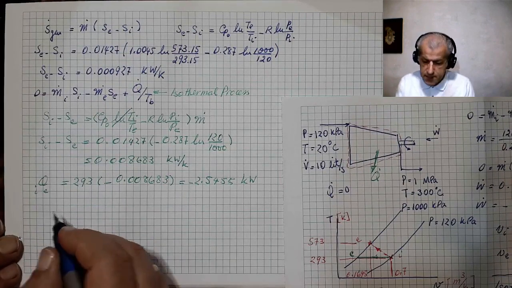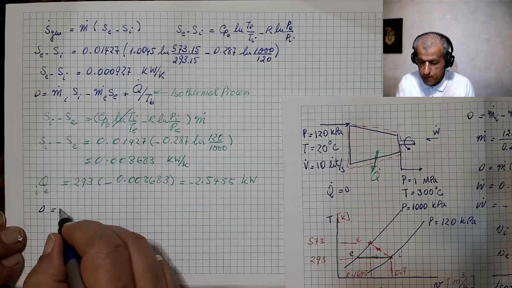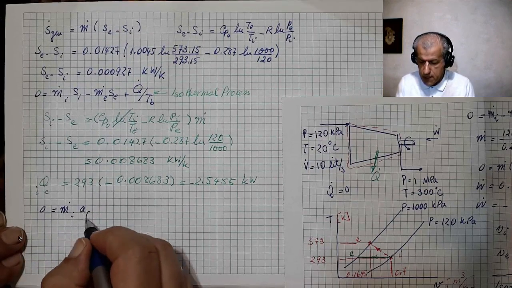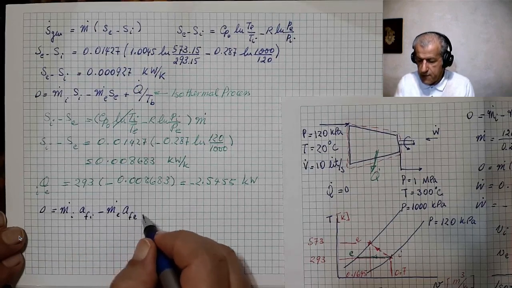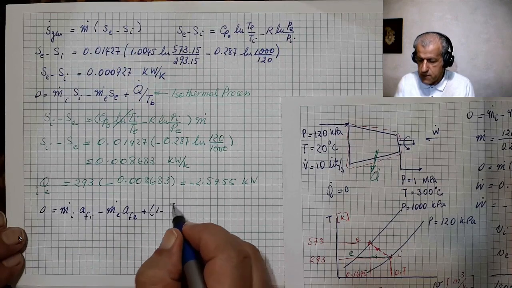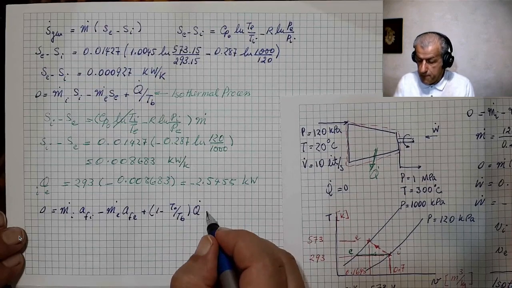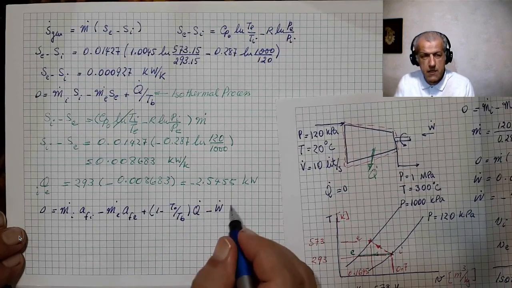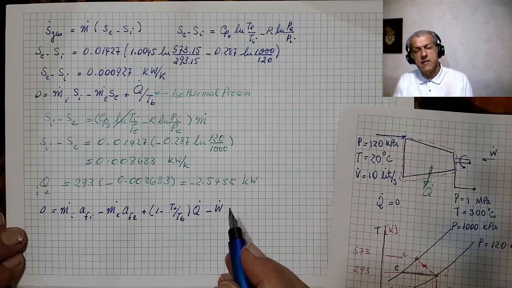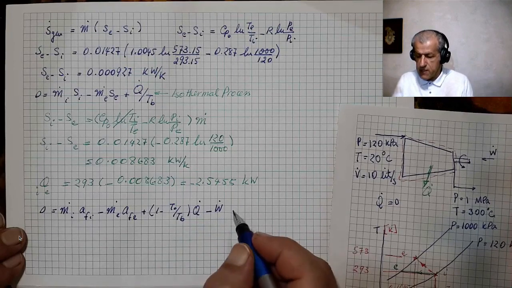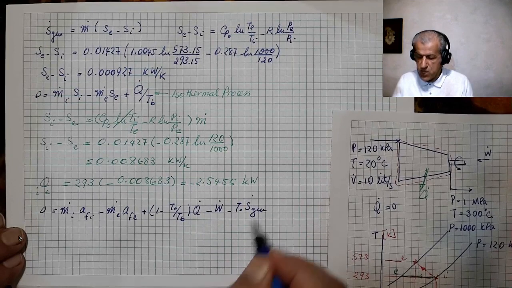The equation is 0 equals m dot I AFI minus m dot E AFE plus 1 minus T0 over TB Q dot minus W dot, and I would just ignore the dV P dV CV divided by dt, and minus T0 S dot gen.